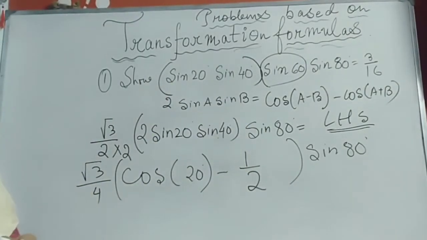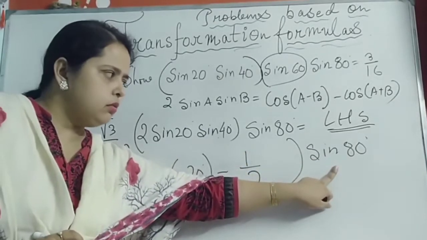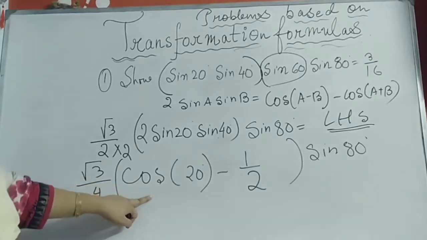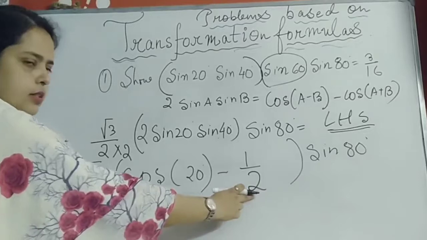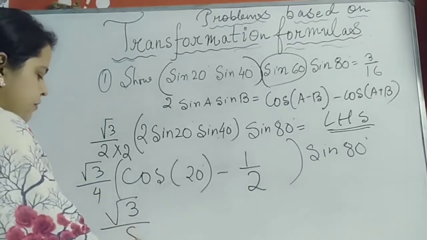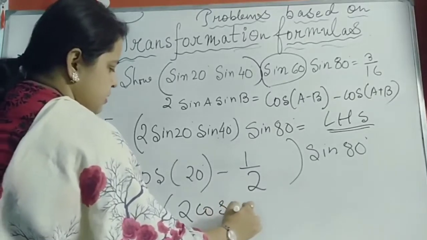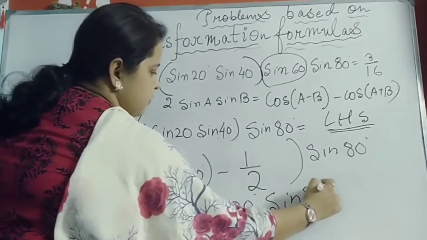Now, this is all alone. Let us bring it inside. But I would first take out this half in the form of LCM and see if this step is clear to you or not.